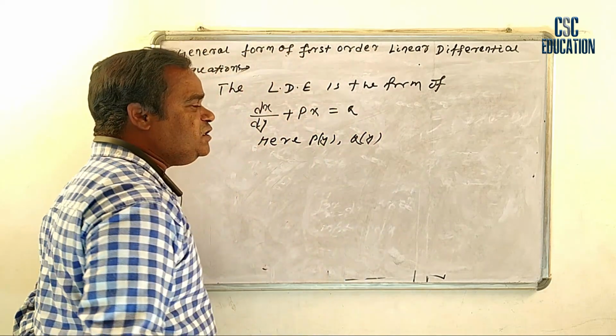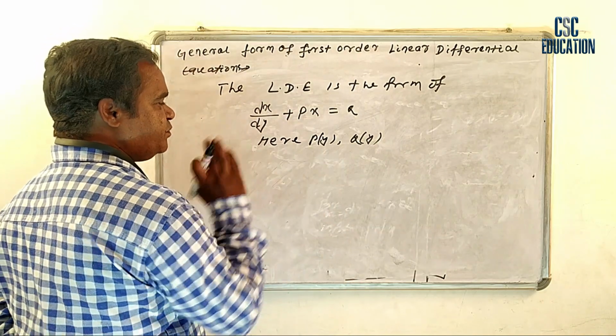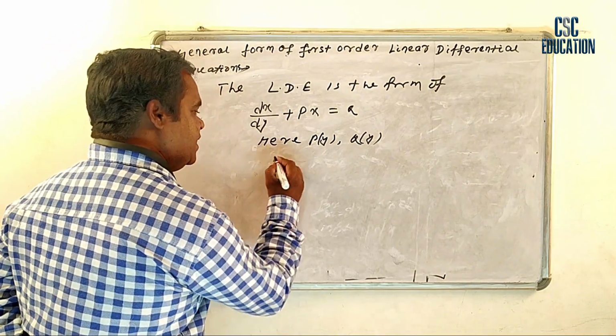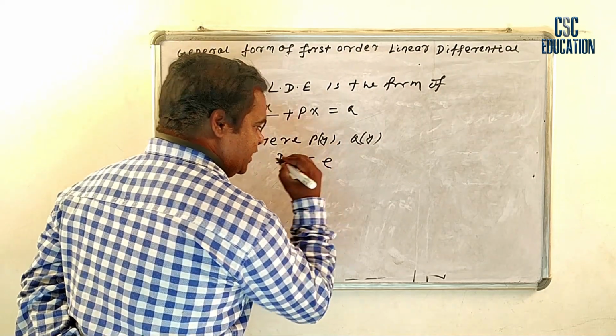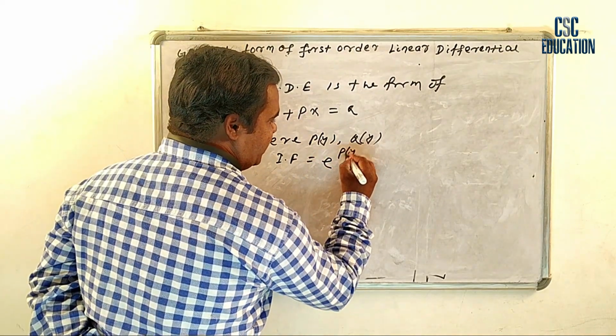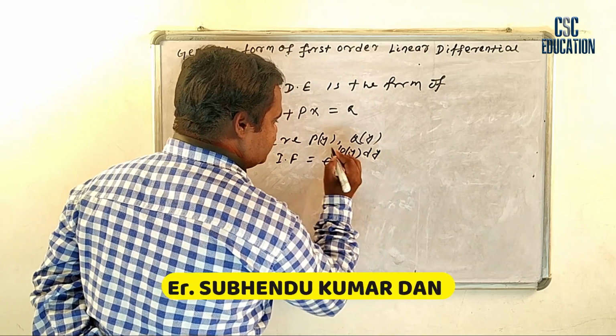Y is the variable here. Similarly we find the integrating factor, which is e to the power integral of P of y dy.